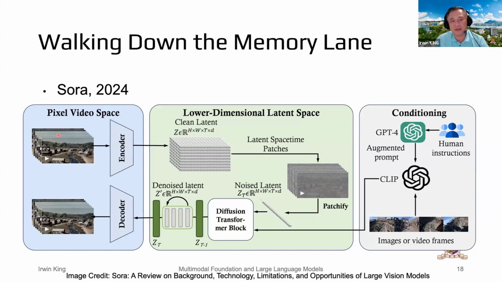So you have the video, pixel video space that could be encoded and decoded right here, and then from that, you're able to use the diffusion transformer block to generate the video. And now Sora has been shown to be able to generate lengthy video in a realistic format, which is fairly impressive.